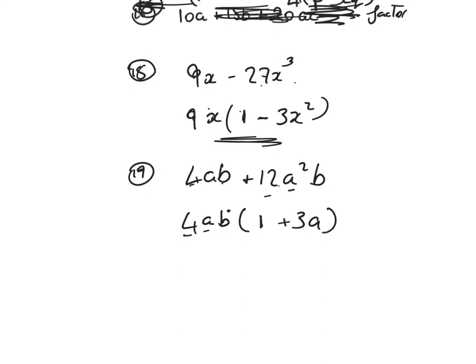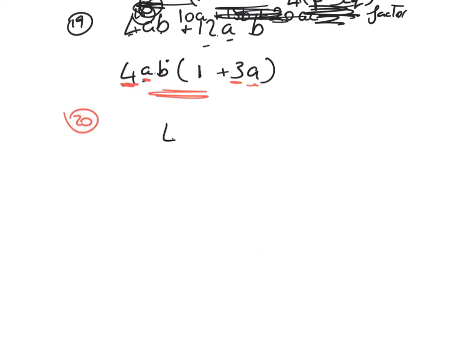So let's just check, is that correct? 4 times 3 is 12, a times a is a squared, and I've got my b, so it's 4ab bracket 1 plus 3a. Final answer. Example 20: 4x squared c minus 2cx. Okay, from 4 and 2 I can take 2.